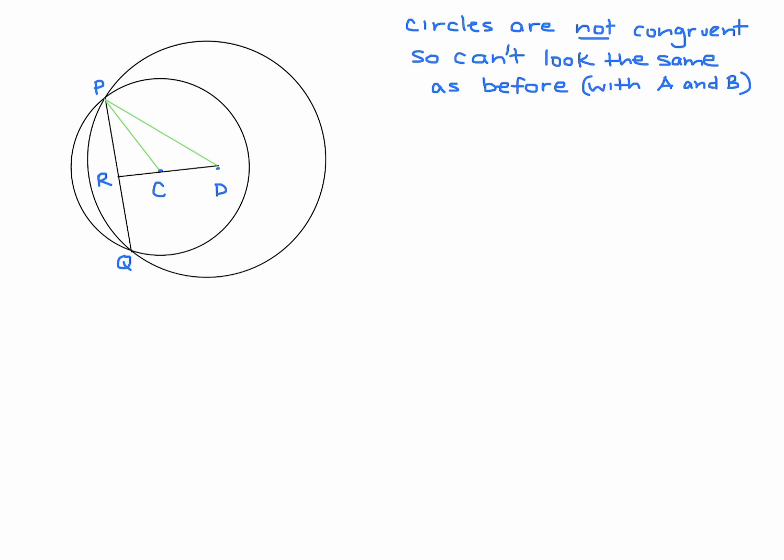We are told, as before, that the radius of C is 5 over 8 the radius of D. So let's do some labeling. Let's call CR, we'll call it W. And then CP, doesn't really matter what letters you give, I'm just going to call it Z.